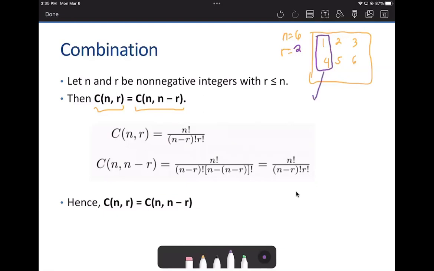So, this is basically equivalent to the combination of 6 taken 2. Okay? And it is said here that it is equal to the combination of 6 taken n minus r, which is equal to 4, since this is n, this is r, and this is n minus 2, which is equal to 4. So, bakit kaya?